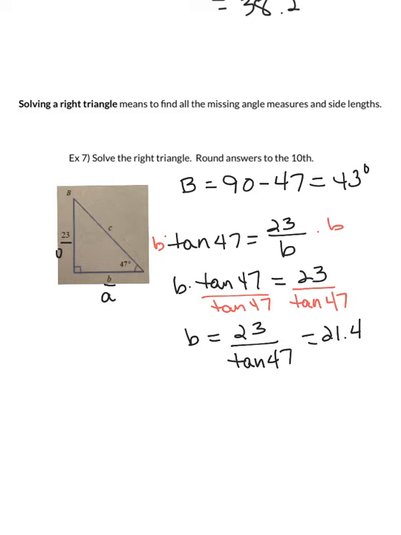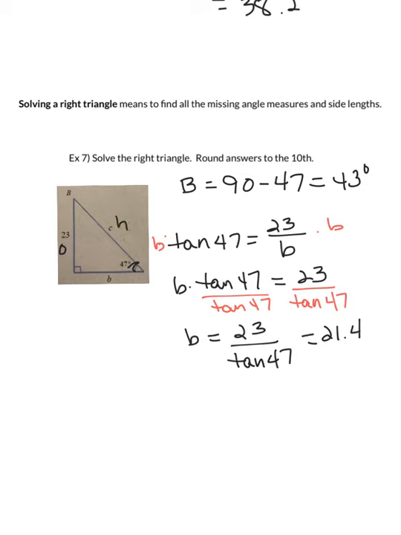So now we know angle B, we know side B, we still don't know side C. So let's go back and compare what we are given with side C. Here's my angle, 47. I know opposite, and I know C is the hypotenuse.